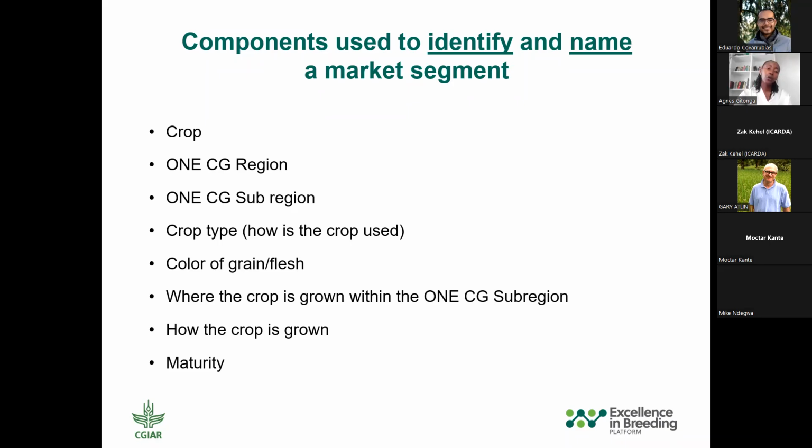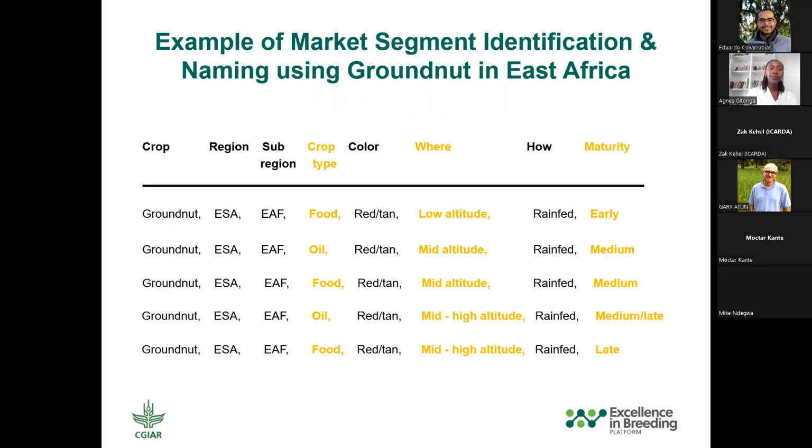It is important to note that some of the components may not be relevant for all crops, so depending on the type of crop, some components may not be defined. For example, flesh color may not be important for some crops, while in others it may be important.